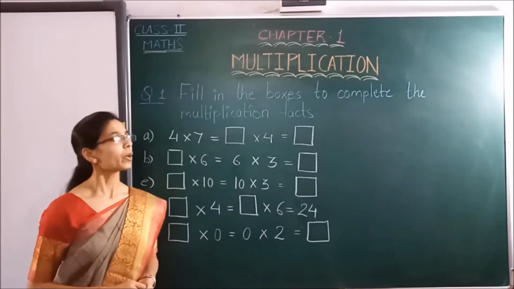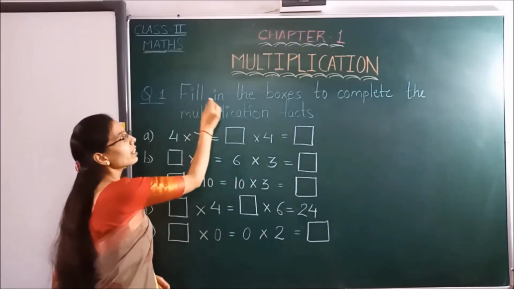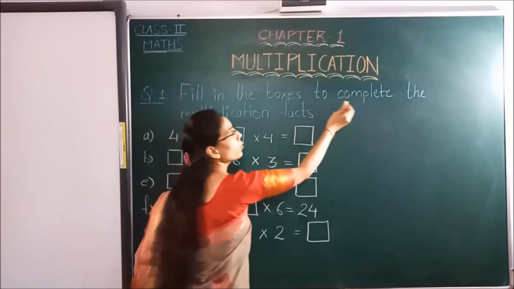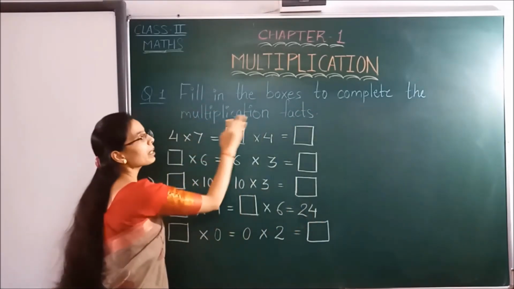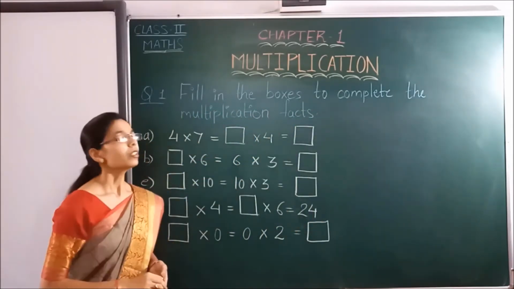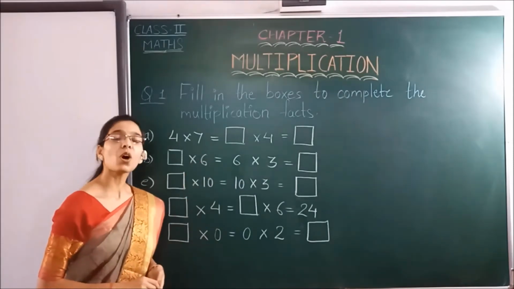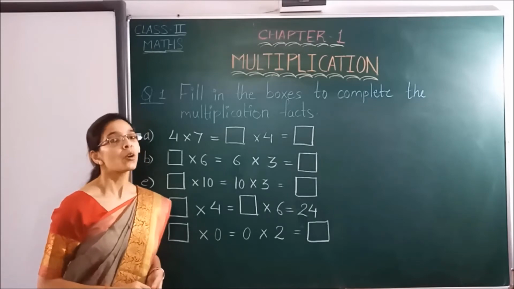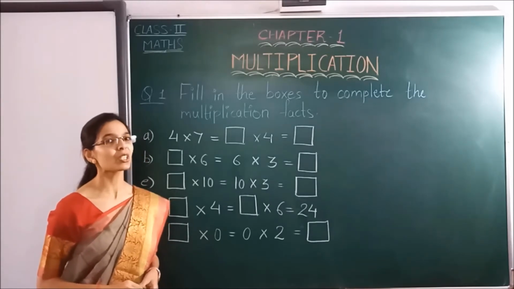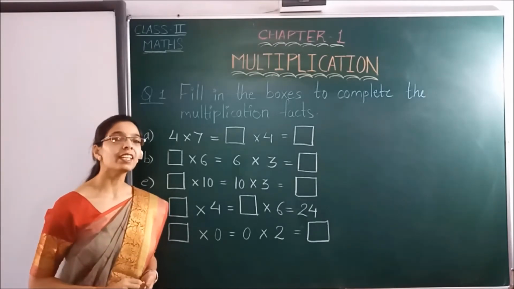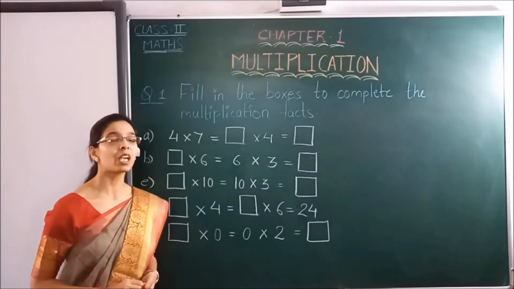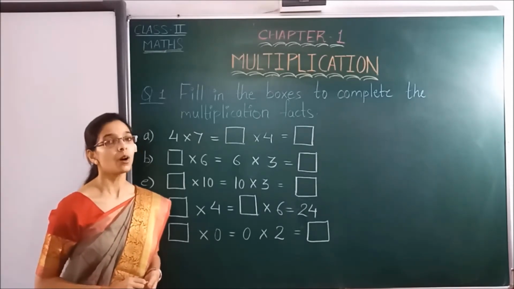So children, question number 1. Fill in the boxes to complete the multiplication facts. We have to complete these boxes on the basis of multiplication facts. What is our first multiplication fact? The product of any numbers remain the same even if we change the order.